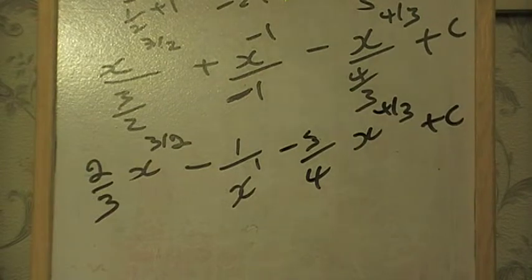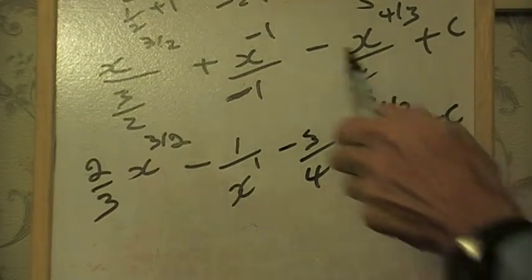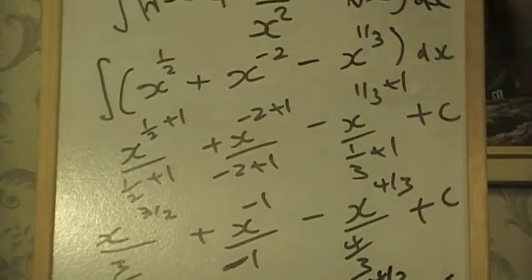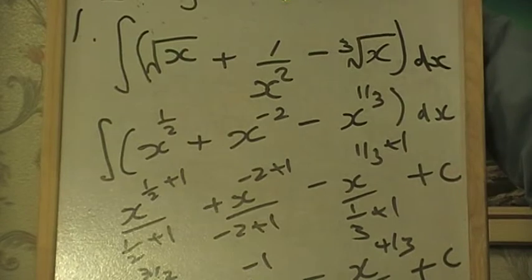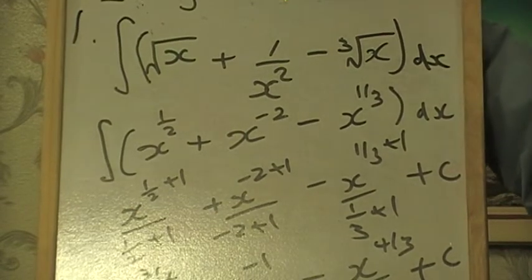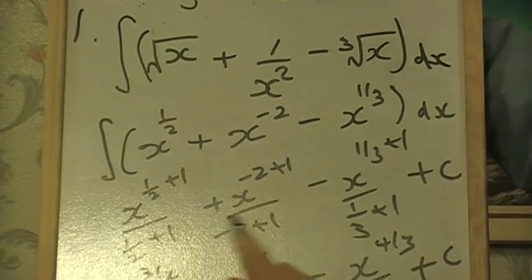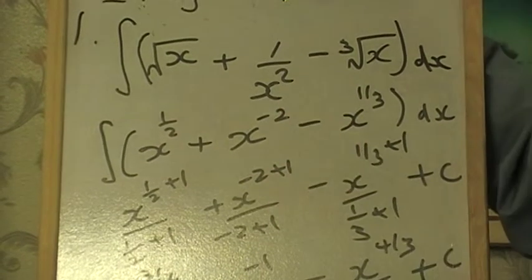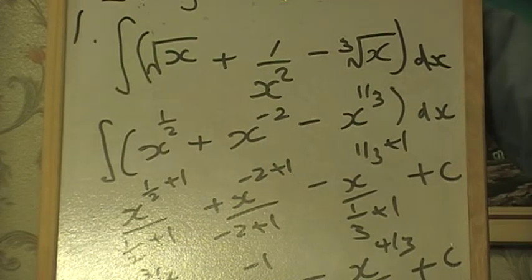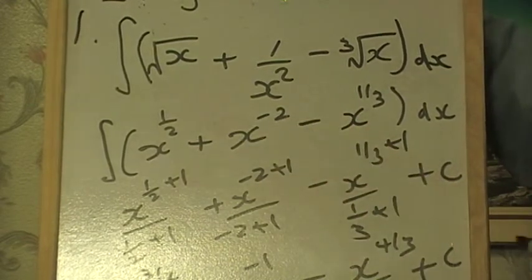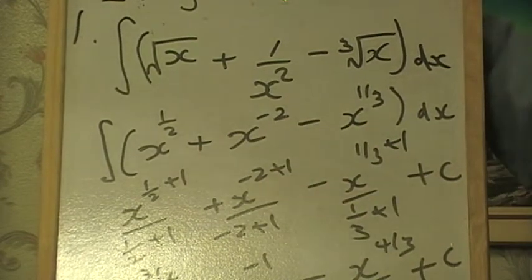Let's just talk about this before we finish. Can we scan back up to the integrals? The x to the half was quite okay because we just used the formula x to the n plus 1 over n plus 1, so it's a half plus 1 over a half plus 1. The 1 over x squared was the difficult one, so we simplify that to be x to the minus 2 to begin with by taking the term to the top and changing the sign of the index.